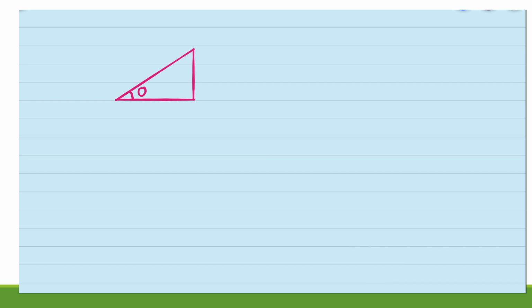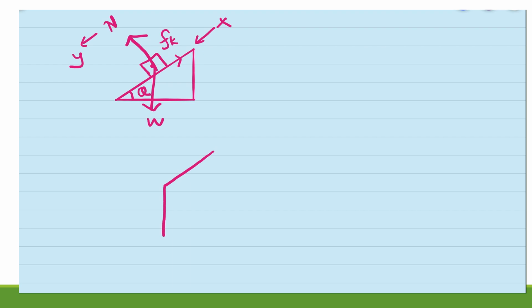So this is its angle. We know this is the object. This is the X axis, so normal force is on the Y axis, and weight must point downward, and this is kinetic friction. Why, when I transform the free body diagram, the weight W, we must resolve. Why? Do you want to know why?